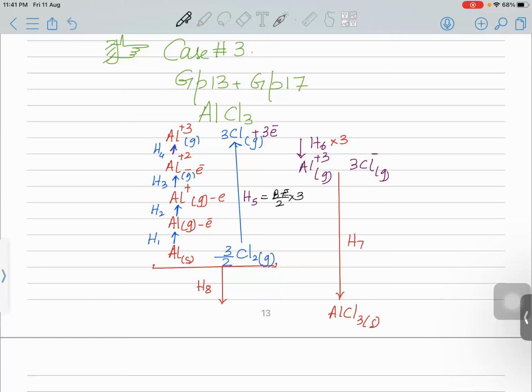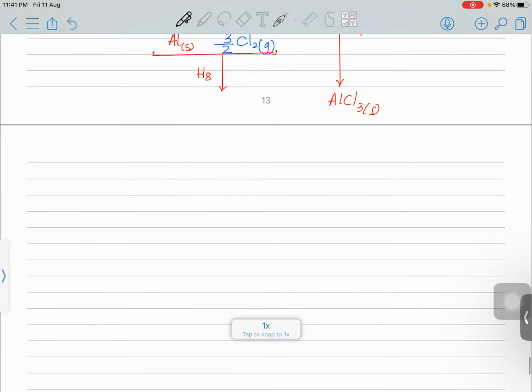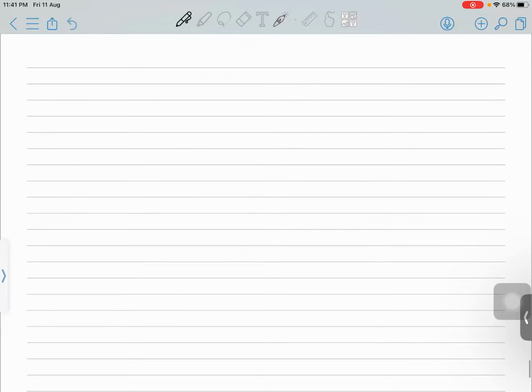H8, the formation, is equal to the sum of all: H1 plus H2 plus H3 plus H4 plus H5 plus H6 plus H7. Now case number 4.